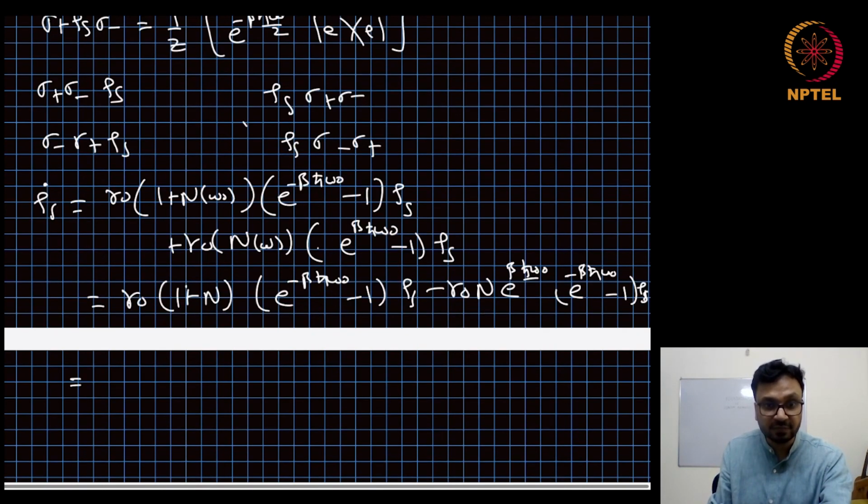Now we can take a few things common, that is γ0, and we can take (e^(-βħω0) - 1) common, and we are left with 1 plus n minus n times e^(-βħω0) times ρ_s.